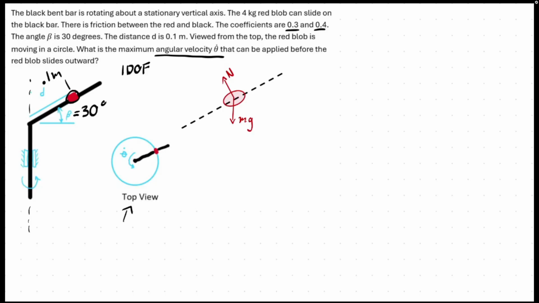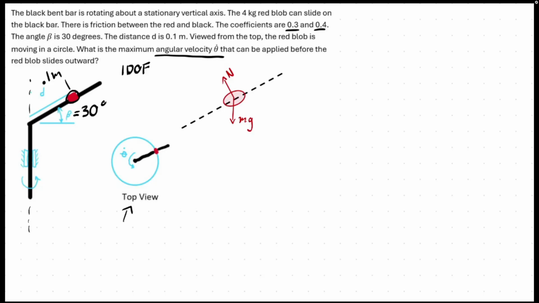And then we have one last one, which is that we do have friction. So in which direction should friction be? What the question is asking us is that if it starts to slide off at the maximum angular velocity, in which direction will this thing be moving? If it starts to slide off, it's going to be moving outwards because it's spinning, and that centrifugal force is going to just send it out.